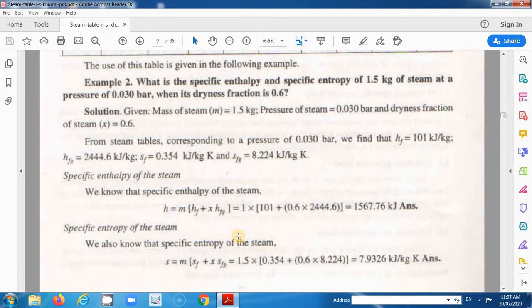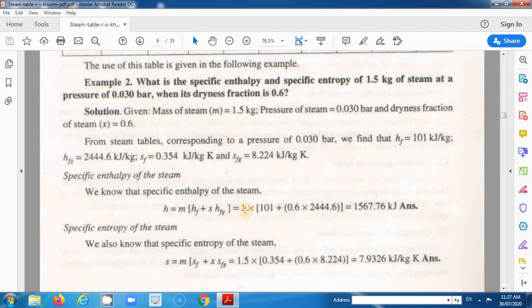The same formulas we are going to use. We know that the specific enthalpy of steam, H, is equal to m into bracket HF plus X HFG. One more mistake is there, sorry dear students, the author made one mistake, because in the last numerical mass was given as 1 kg, but here mass is given as 1.5 kg.